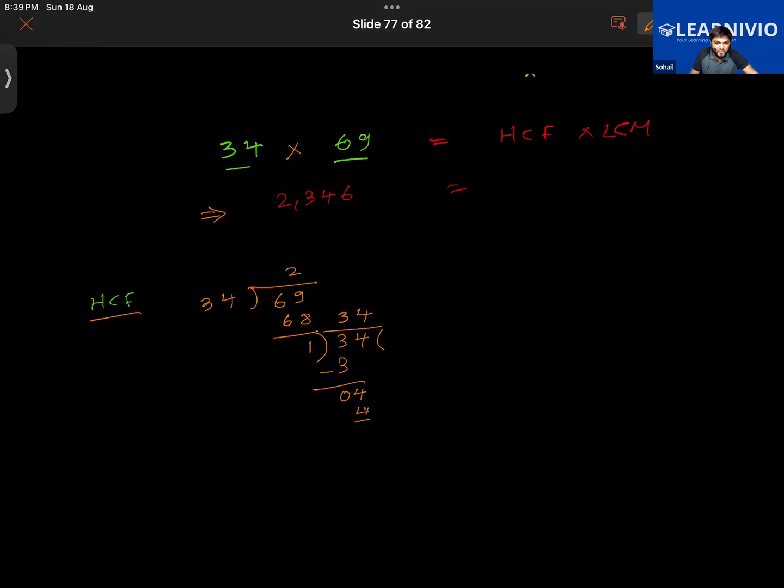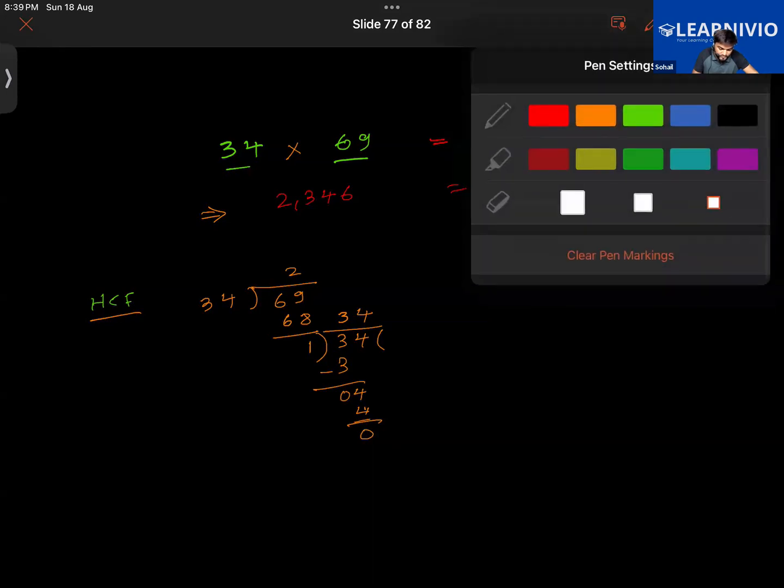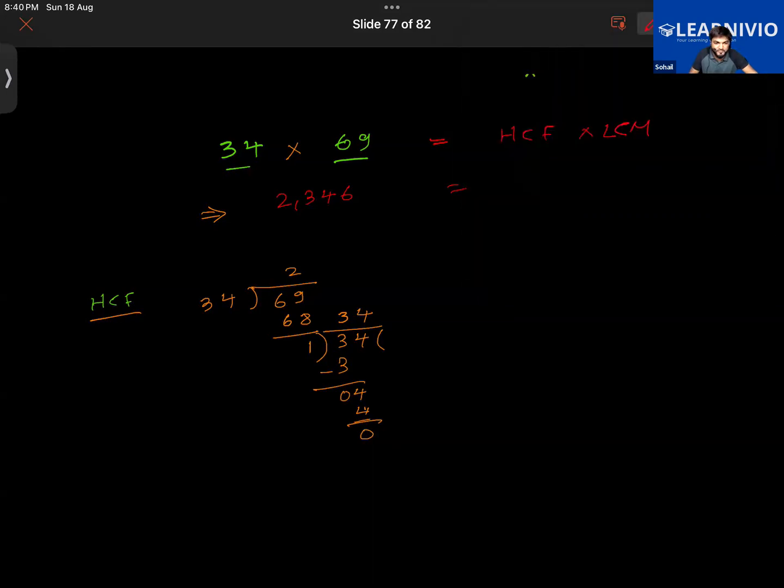So what answer am I getting over here? I would be getting the answer as 1. 1 is the HCF, right? You can use any other method also to verify this. Getting it? 1 is the HCF of 34 and 69.